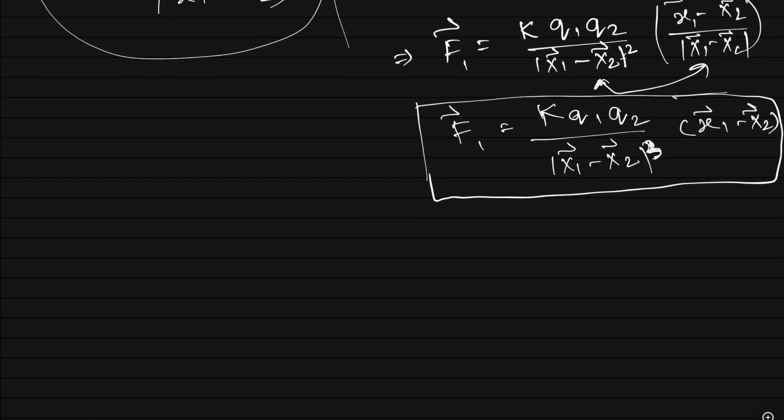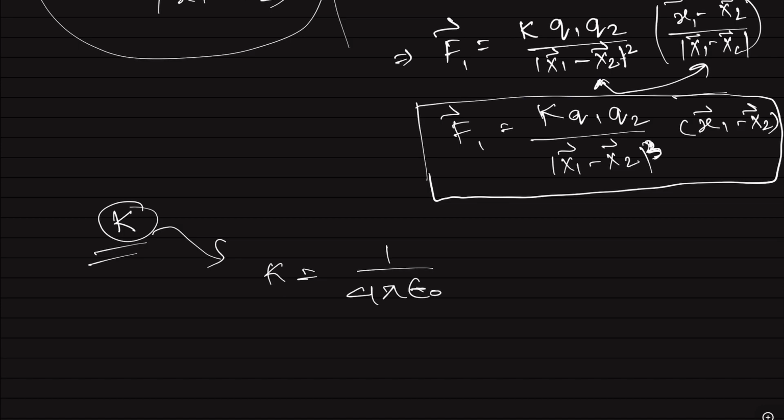So what is this k? People tried to find out what this proportionality constant k is using various experiments. We found out, using different types of experimental setups, that k is 1 by 4 pi epsilon naught. And what is this epsilon naught? Epsilon naught is called the permittivity of free space. What is permittivity?